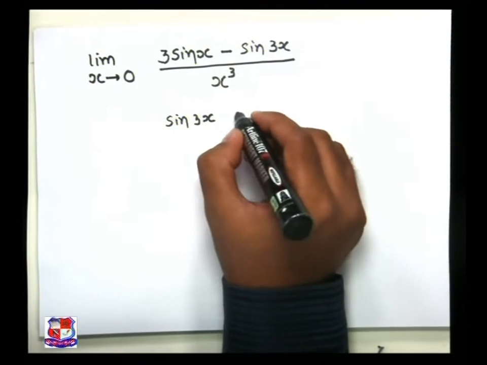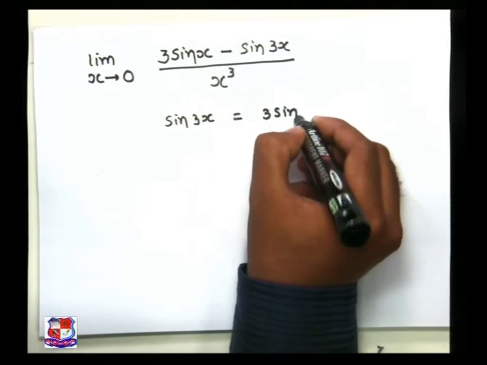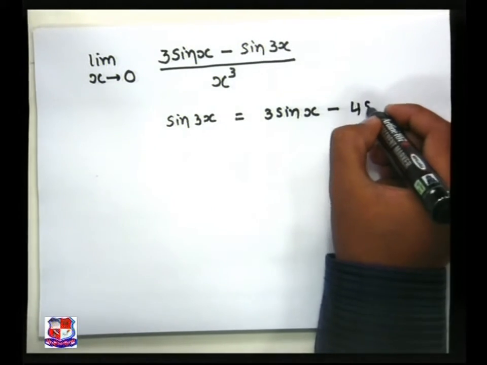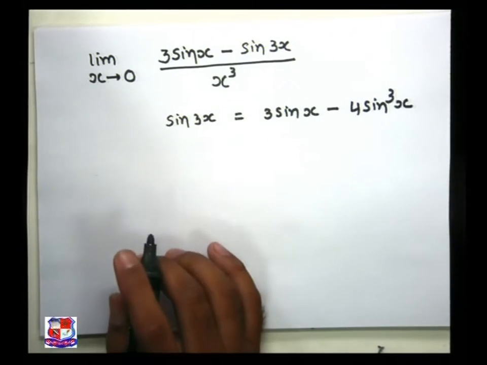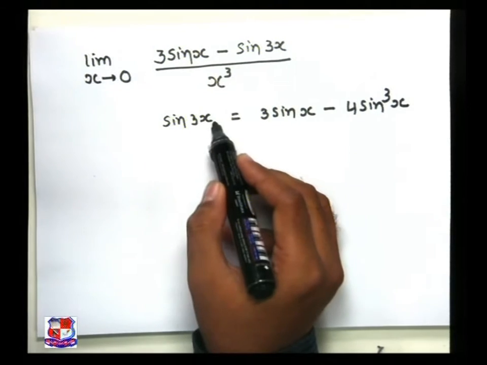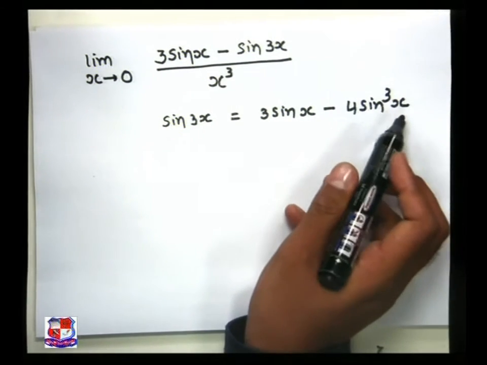So sin 3 theta equals 3 sin x minus 4 sin cube x. So this is our base equation, that is sin 3x is equal to 3 sin x minus 4 sin cube x.